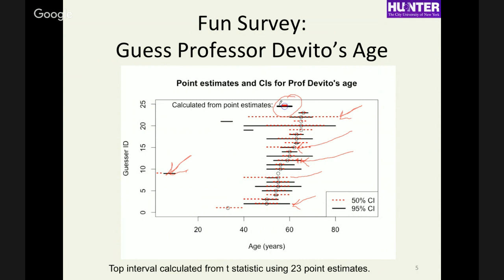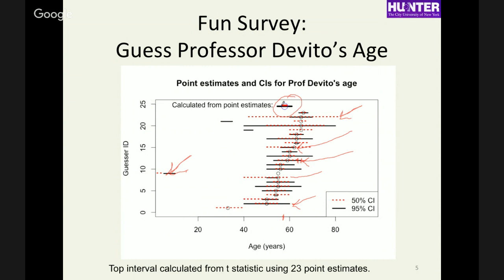So if I don't take your confidence intervals, just take your best guesses and treat them as a random sample from some population of Hunter College students, then I get this estimate that is, I think, 58 years old with a 95% confidence interval of plus or minus 2 years.